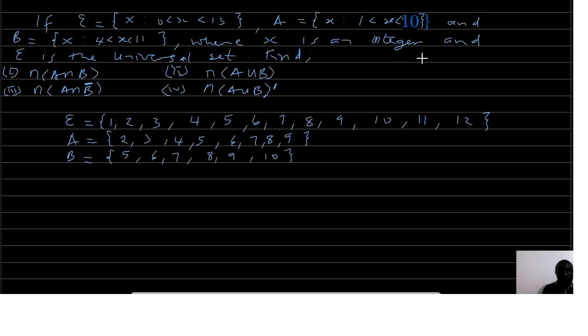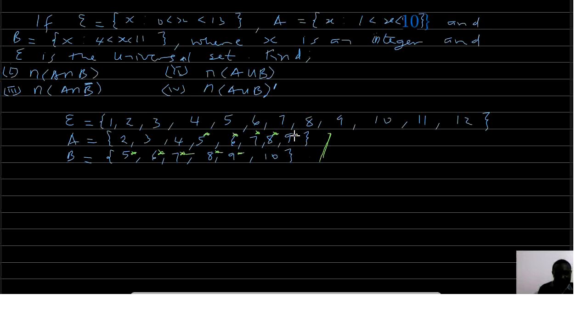Now after identifying our 3 sets, we go ahead and concentrate on A and B by looking out for the shared elements and putting stars on them. That's the step. So shared elements, I have 5, 6, I have 7, I have 8, I got 9.